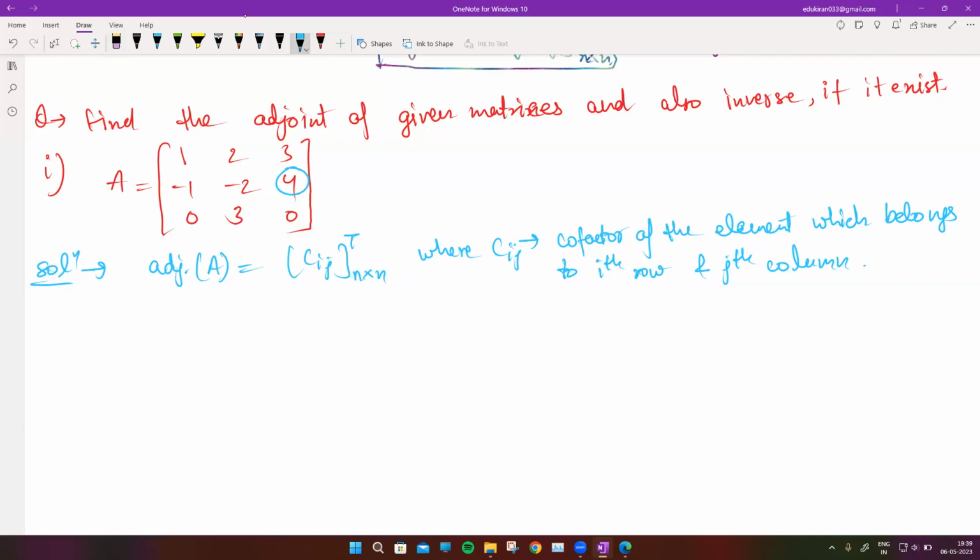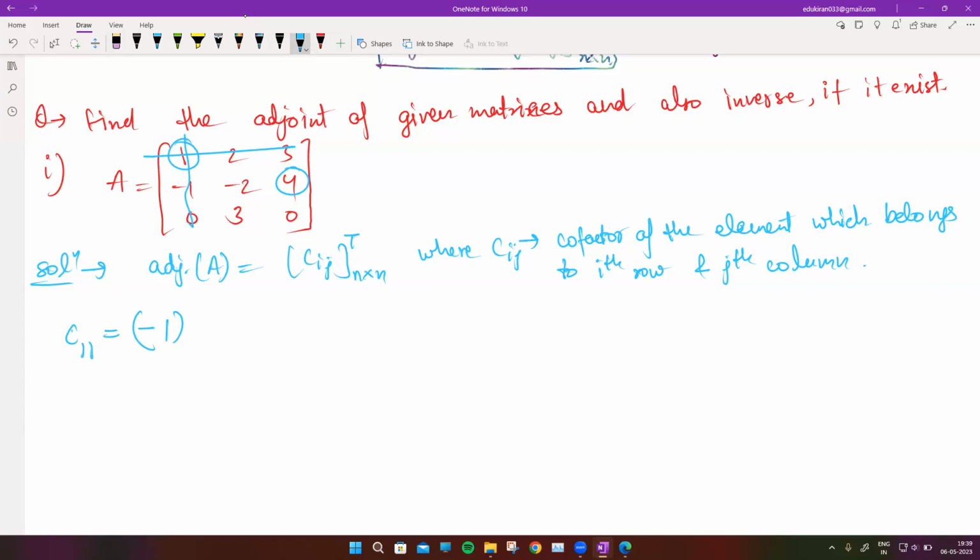So for cofactor, let's take this element. So this is C11. I am finding out C11. C11 means cofactor of the first row, first column element, which is 1. So we have to find out the cofactor for this. Delete this. Delete this. We are left with -2430. You have to take the determinant of this using the formula -1 to the power i plus j.